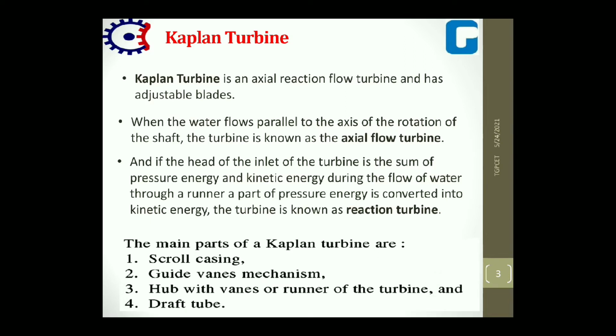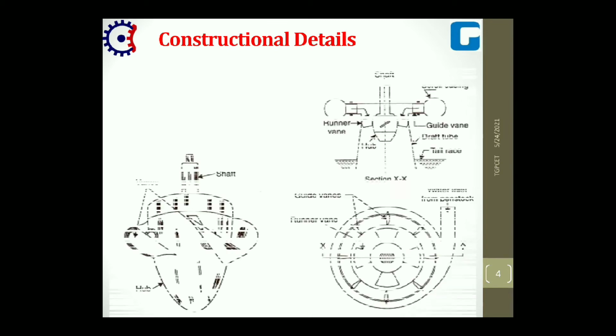There are some main parts of a Kaplan turbine. They are the scroll casing, guide vane mechanism, hub with vanes or runner of the turbine, and draft tube. Now see the constructional details of a Kaplan turbine.